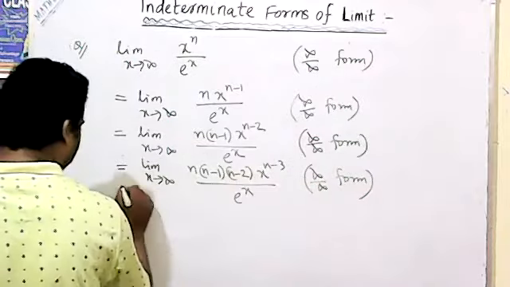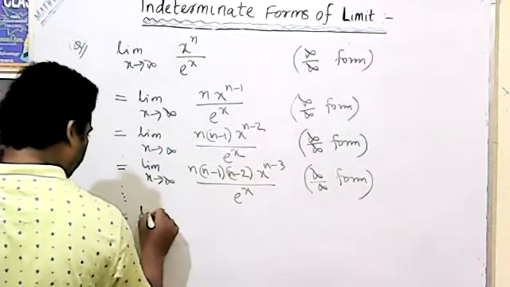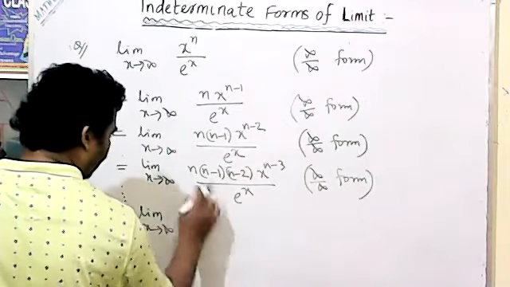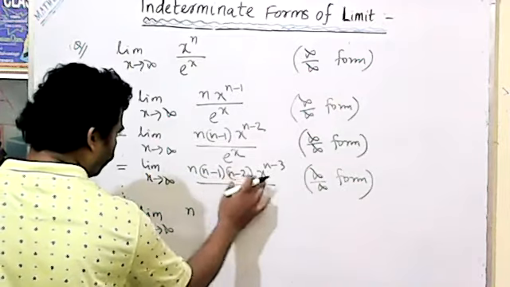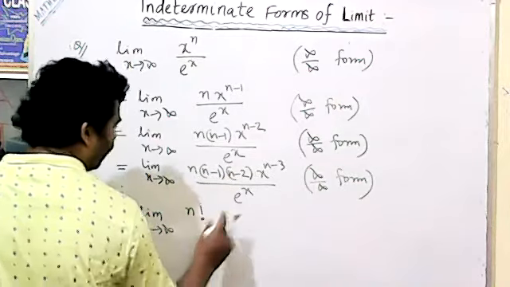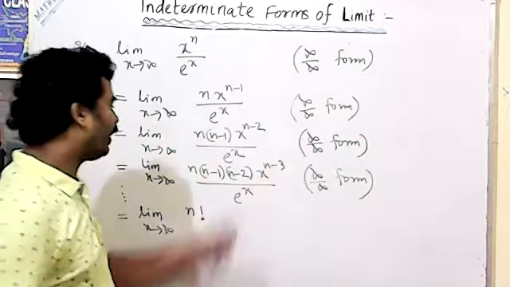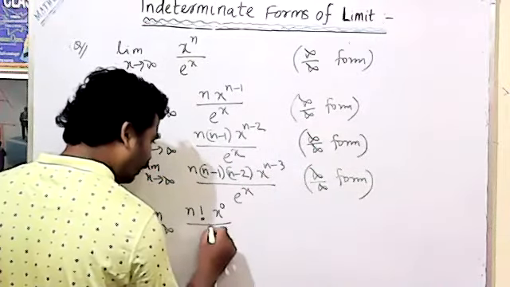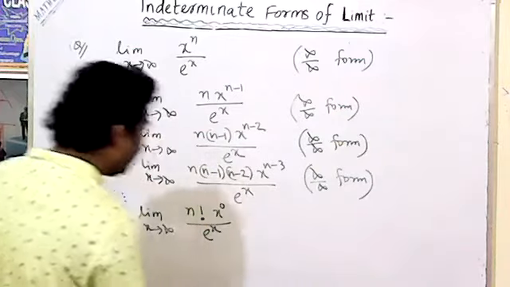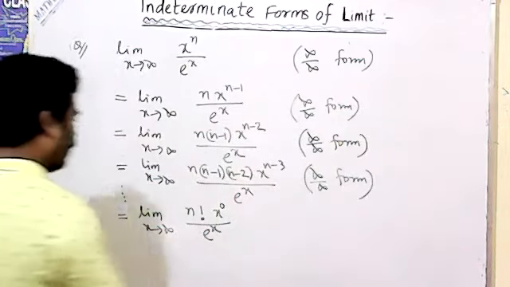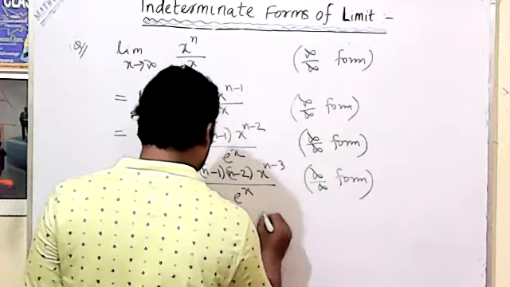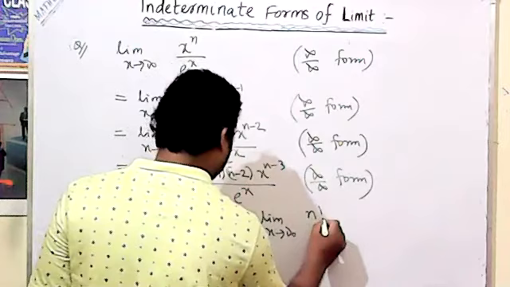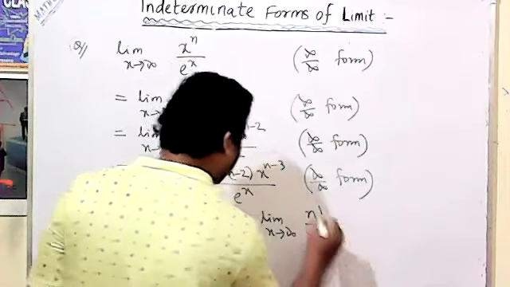Continuing in this way, as x tends to infinity, we get n into n minus 1 into n minus 2 up to 1, that is n factorial, and then x to the power 0 divided by e to the power x. That means it is the limit as x tends to infinity of n factorial by e to the power x.